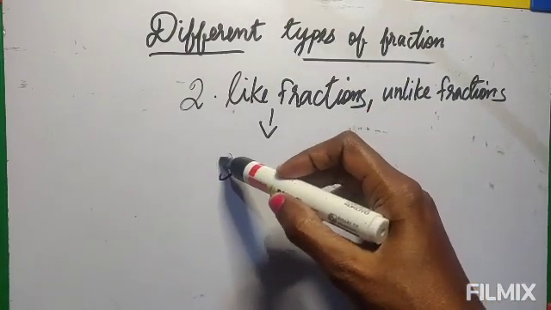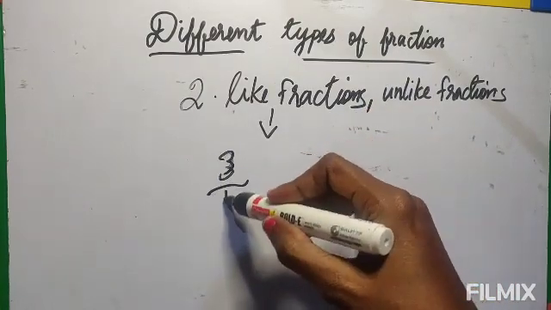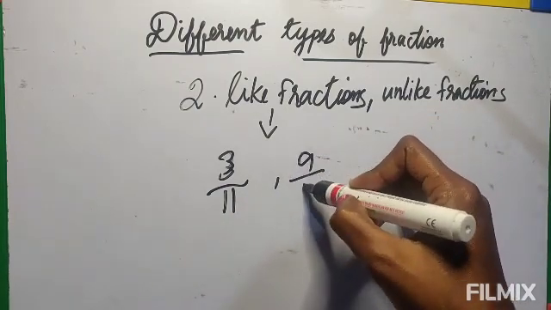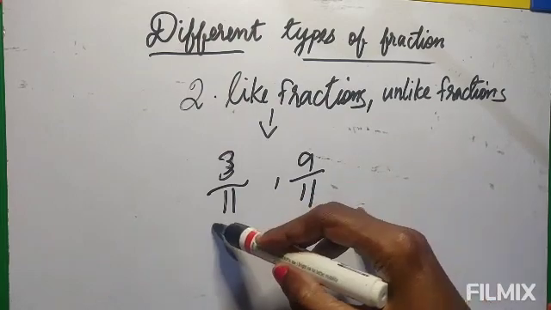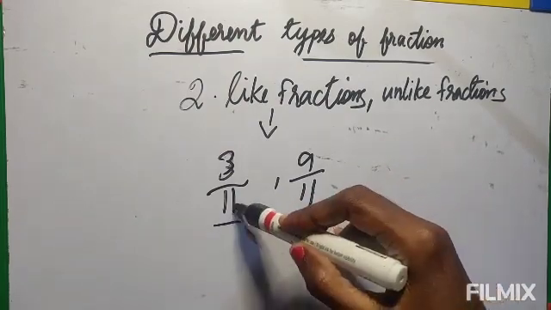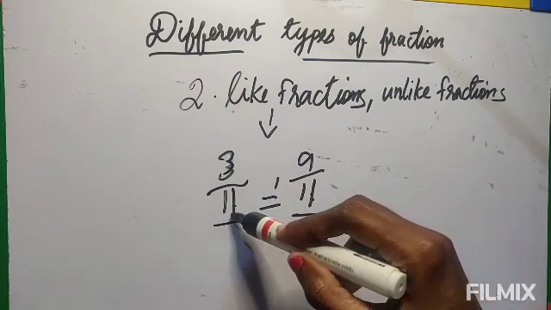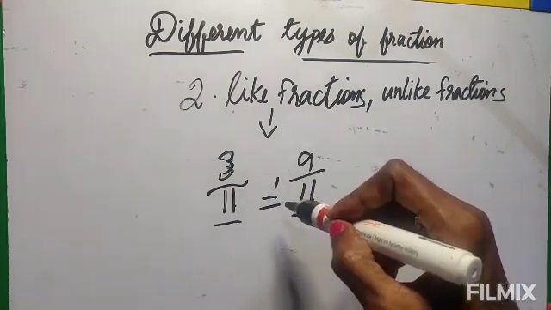Suppose it is 3 by 11 and here it is 9 by 11. If you see, the denominator is the same, 11 and 11. If the denominators are the same, they are called like fractions.